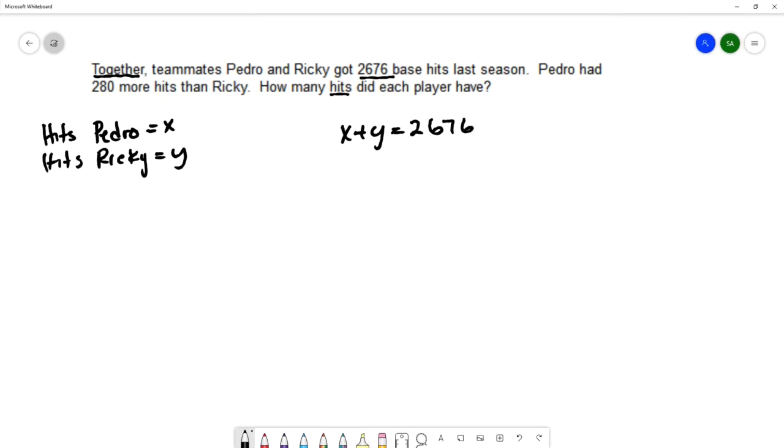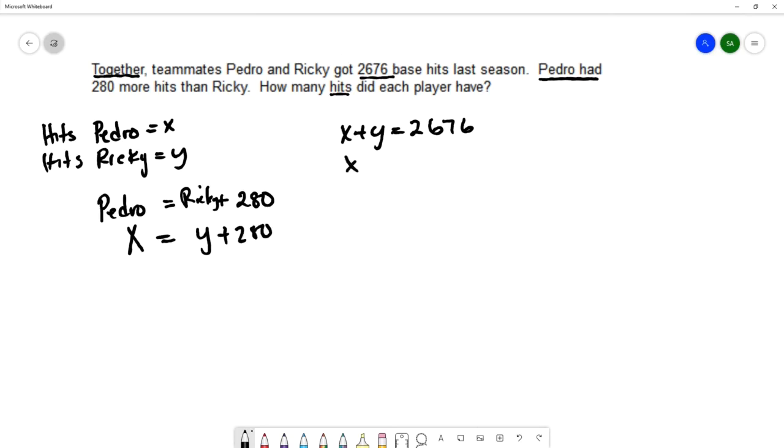Then in the second sentence here, it says Pedro had 280 more hits than Ricky. So Pedro has 280 more than Ricky. And if I use the variables that I set up for this, I have X is equal to Y plus 280. This gives me the second equation in the system.